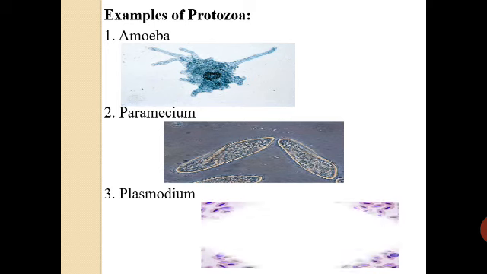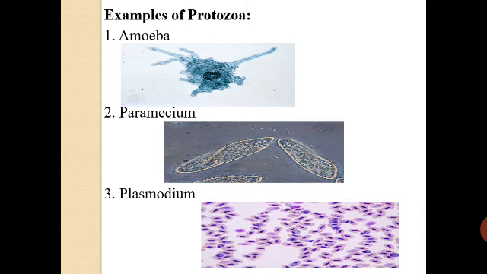Plasmodium is one protozoa which is basically responsible for malaria. The mosquitoes basically carry this plasmodium, and once the plasmodium is injected into the body, the body is affected and gets a disease called malaria.